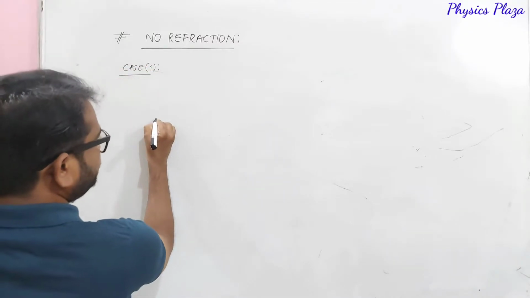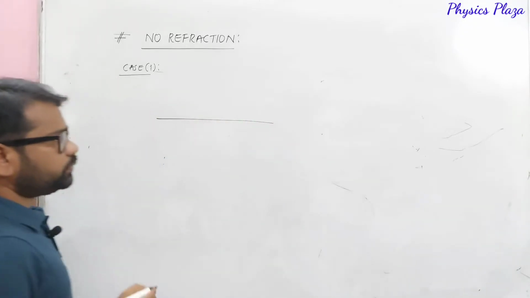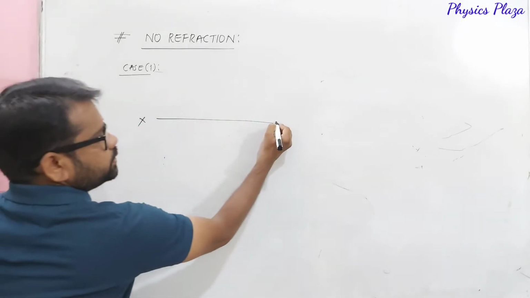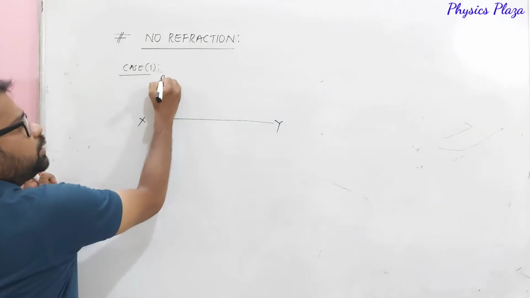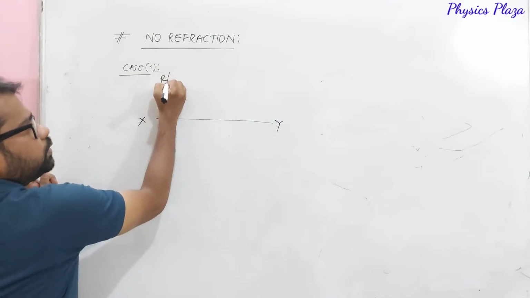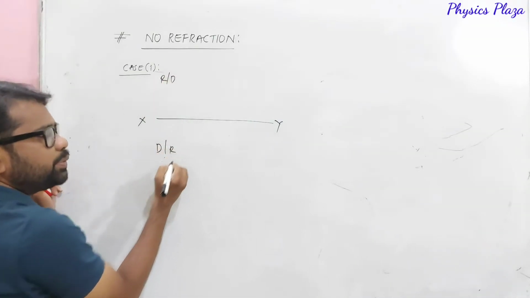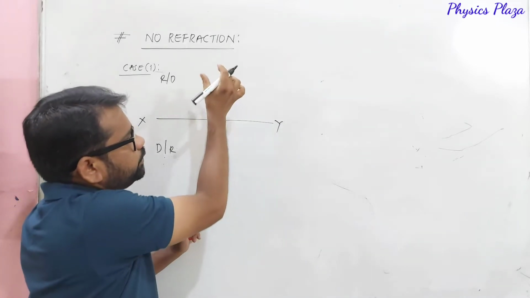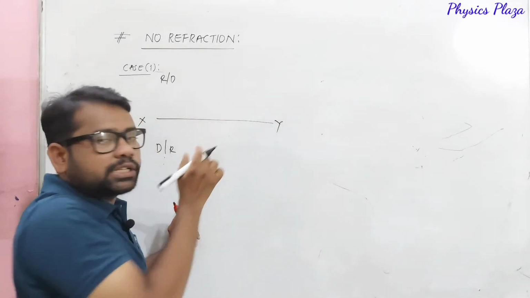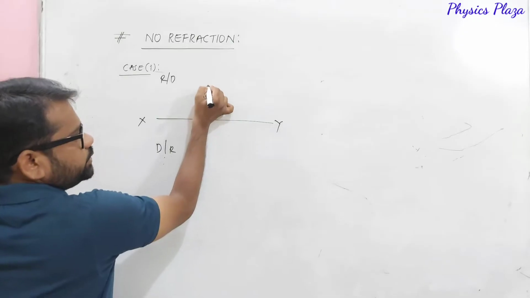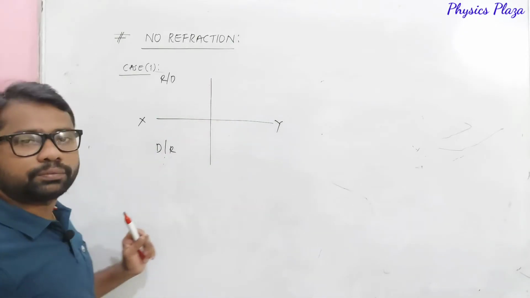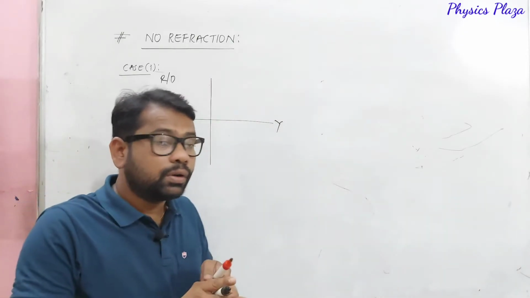Here is the boundary between the two mediums. Children, it might be from rarer to denser or denser to rarer, whatever it may be. Light is traveling from one transparent medium to another transparent medium. Now let us take a normal drawn here.